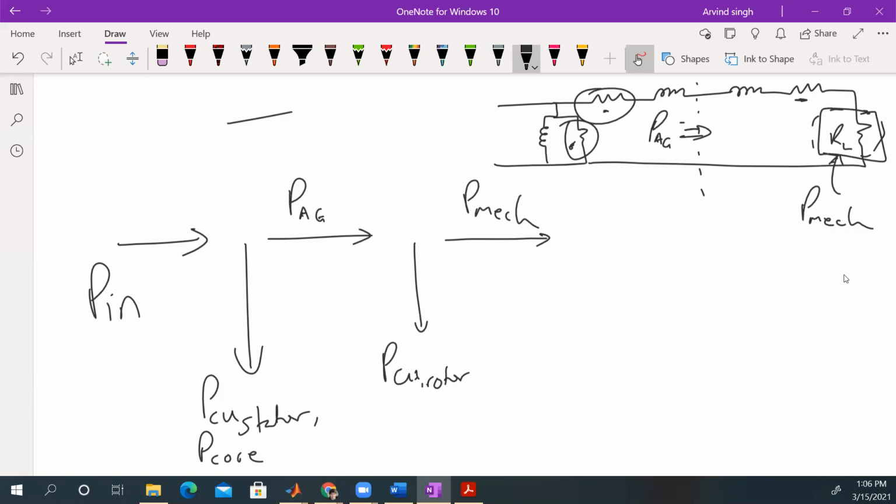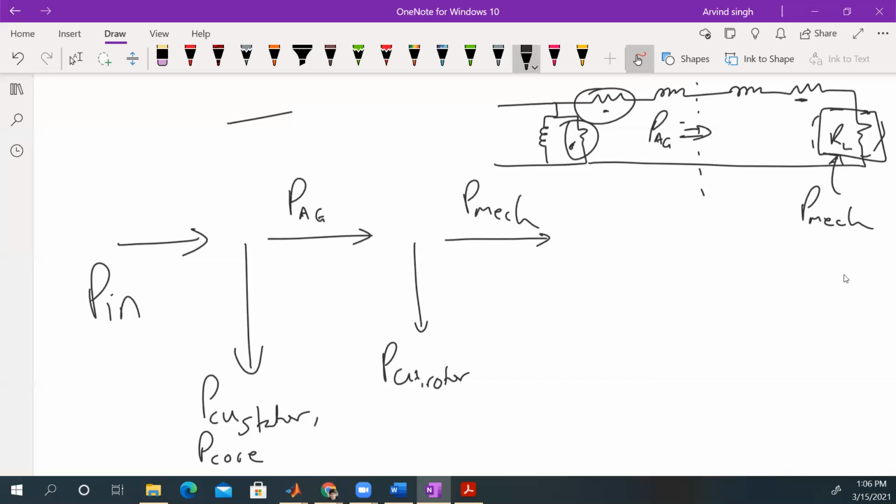But all the mechanical power is not actually available to you as the user, right? Because the motor can't tell the difference between the load you put on it and the weight of the rotor itself. So the weight of the rotor itself, the friction and turning inside the machine and so on, all that is part of the mechanical load.